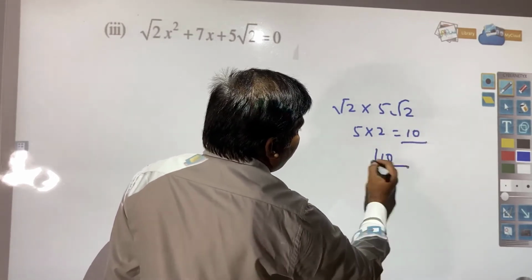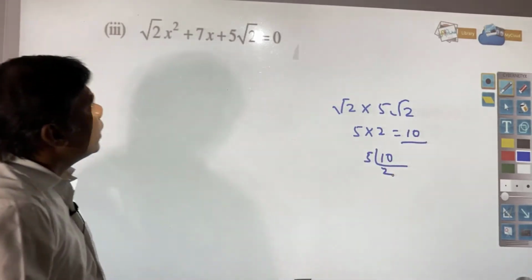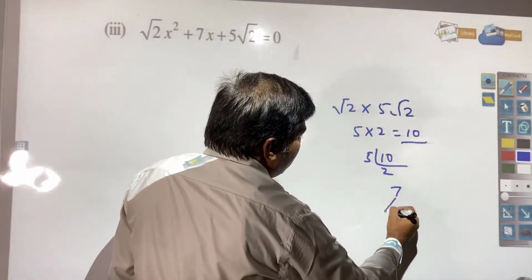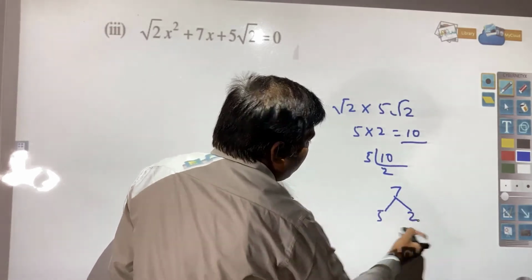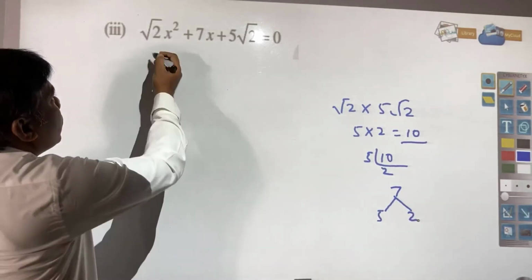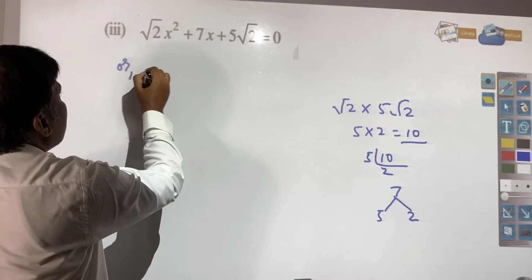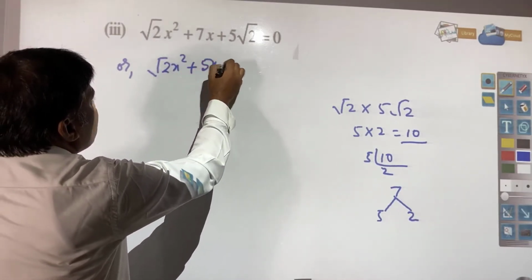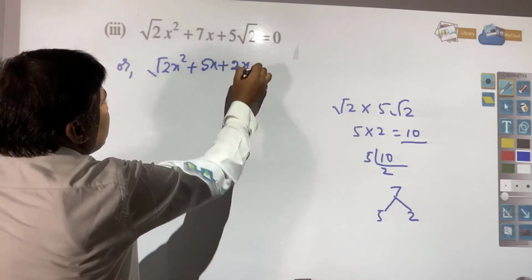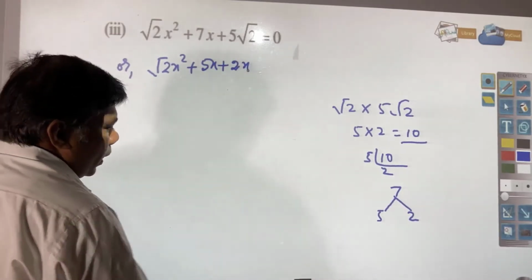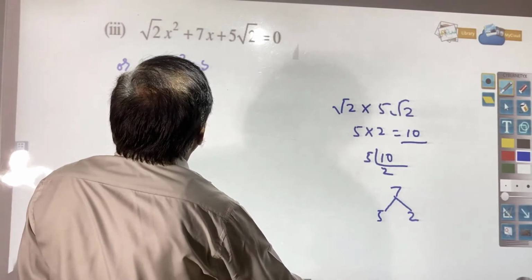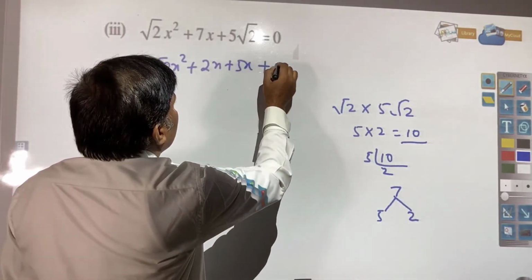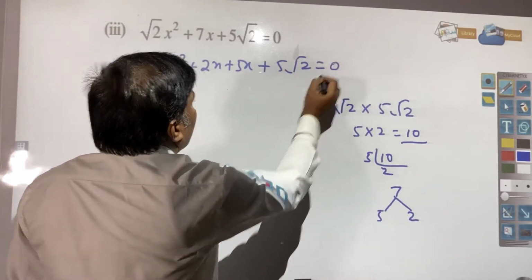10 is required to be factorized, you will get 5 times 2. Now 7 is required to be split, so you will get 5 plus 2. 5 plus 2 is equal to 7. So simply here you can write root 2 x square plus 5x plus 2x plus 5 root 2 is equal to 0.